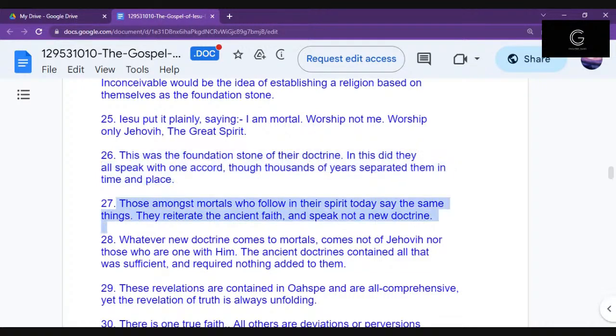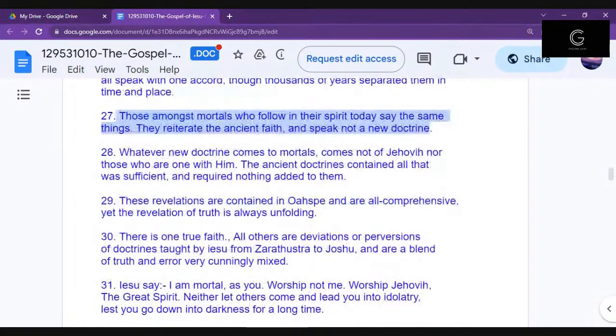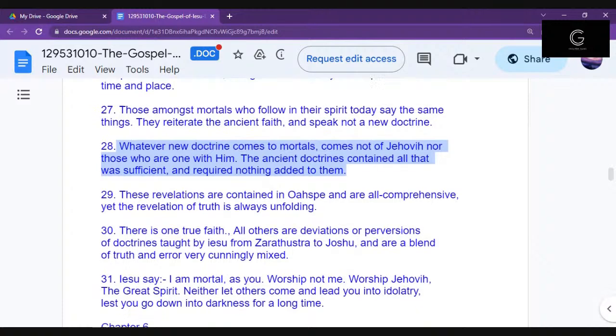Those amongst mortals who follow in their spirit today say the same things. They reiterate the ancient faith and speak not a new doctrine. Whatever new doctrine comes to mortals comes not of Jehovah, nor those who are one with him. The ancient doctrines contained all that was sufficient and required nothing added to them.